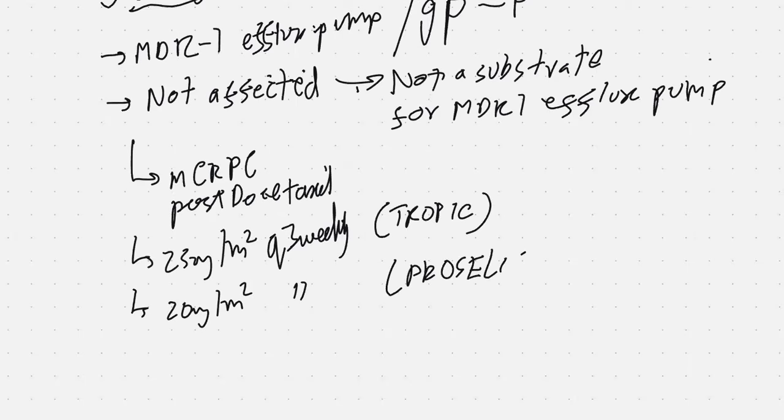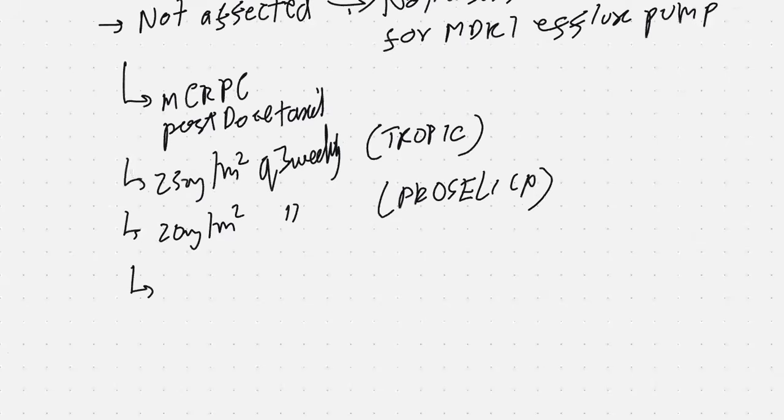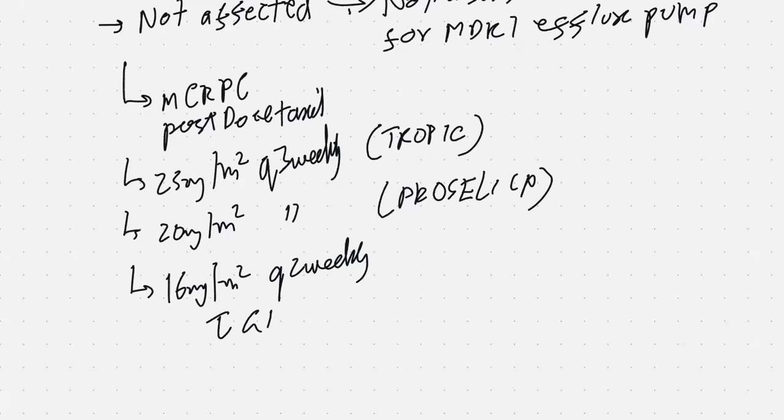For elderly patients, there is another dose of 16 milligram per meter square, which is given every 2 weekly with growth factor support. Right? This is based on the CAPACITY trial, and they found that when given with growth factors at a dose of 16 milligram per meter square every 2 weekly, there is less myelosuppression.